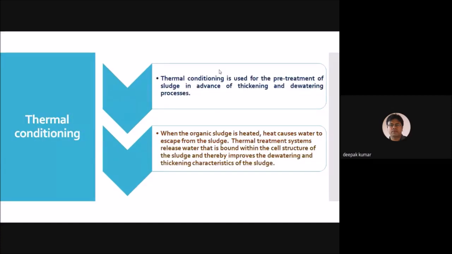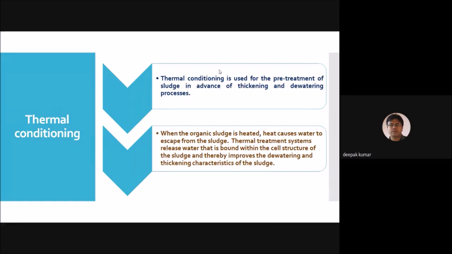Thermal conditioning, from the name it is clear. We use thermal energy or heat energy. Thermal conditioning is used for pre-treatment of sludge in advance of the thickening and dewatering process. When the organic sludge is heated, heat causes water to escape from the sludge.